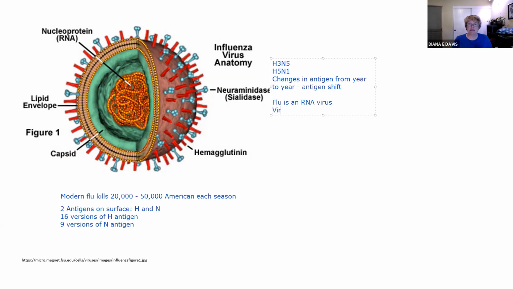When a virus has RNA as its genetic material, it mutates very rapidly because the process of making copies of that RNA is messy and it makes a lot of mistakes. And those mistakes are the mutations. So it's going to be able to change rapidly because of the fact that it is an RNA virus.